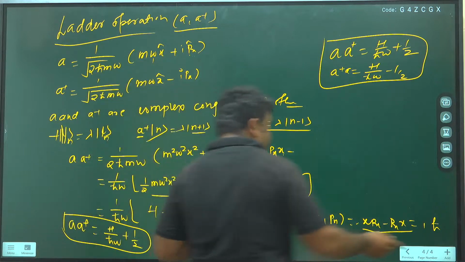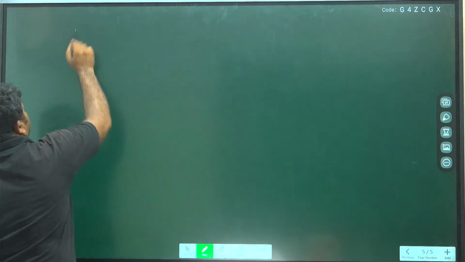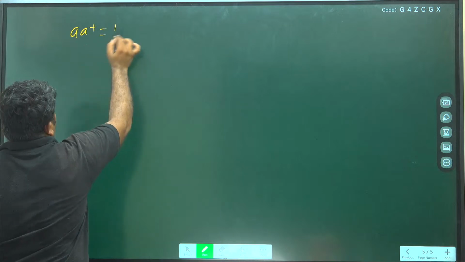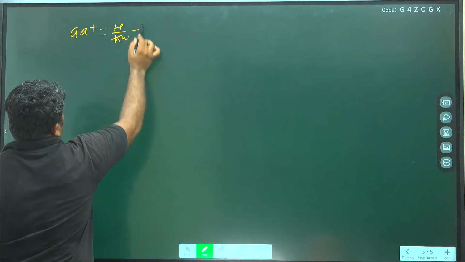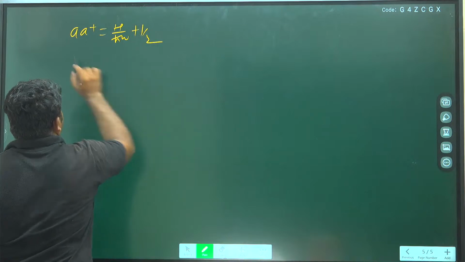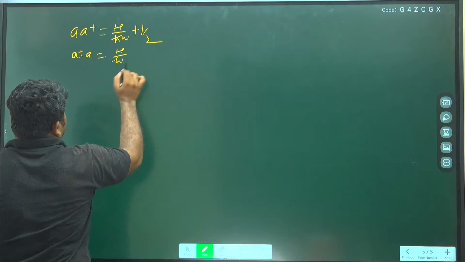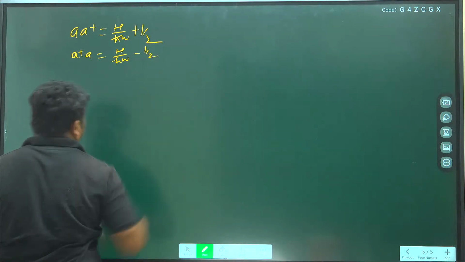Okay. How to memorize this one? a a dagger increase, plus, a a dagger increase plus means H upon ħω plus 1 by 2. Next a dagger a decrease हो रहा है, H upon ħω minus 1 by 2.